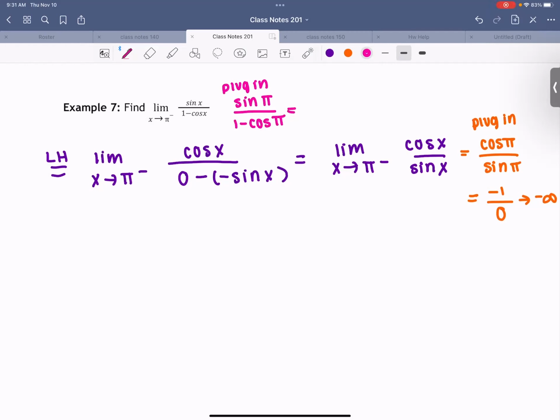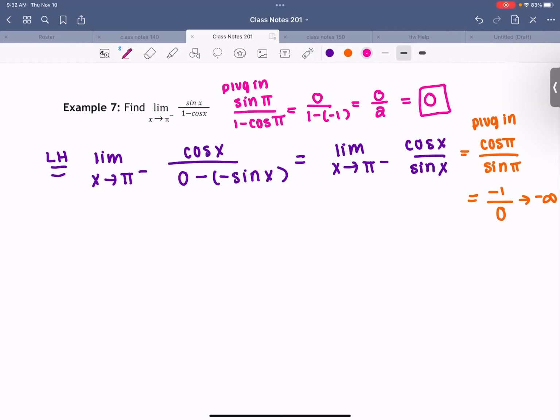We said before that the sine of pi was 0, right? And we said that cosine pi is -1, so 1 minus -1. 0 over 2 is 0. Okay, so if I just plug into the original function, I get 0. That's my answer. Okay, so I did all this work to get the wrong answer at the end.